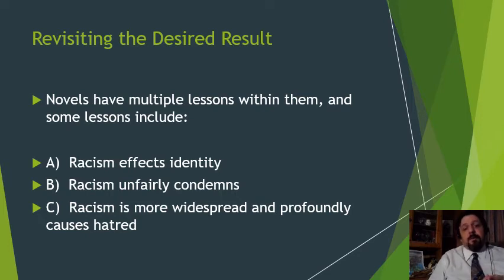Racism unfairly condemns, and not just condemns literally, but condemns someone to fear and anxiety and a life of unhappiness and turmoil. Racism is more widespread and profoundly causes hatred. Well, of course that's true, but it's one of those lessons that is right in there.